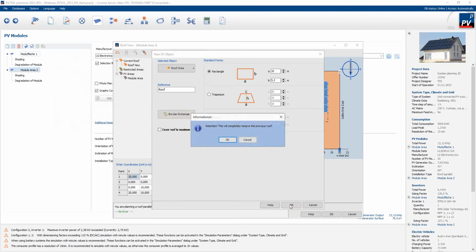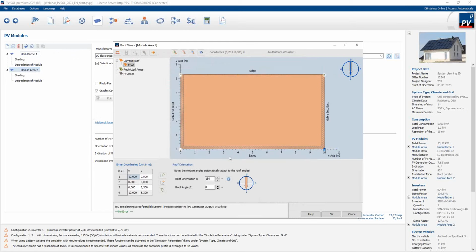Again, I have to confirm, and then I get a remark here that the previous roof will be removed. Okay, we confirm this, and this is the roof we would like to have. 10 meters eave, 5.3 meters is the distance from the eave to the ridge, and we have a border distance for the gable end west, gable end east, and for the eave of 20 centimeters.